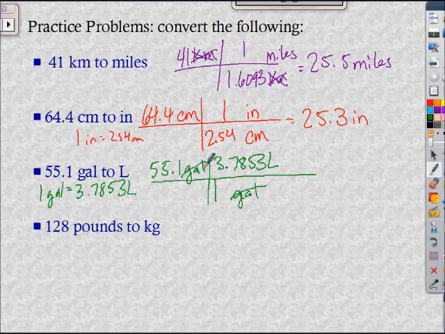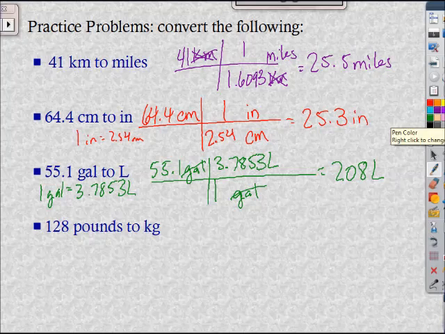Gallons cancel out, and I take 55.1 times 3.7853 on my calculator, and I get 208 liters. Okay. Hopefully you're getting the hang of this by now.